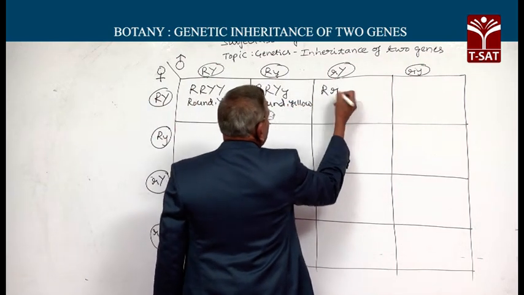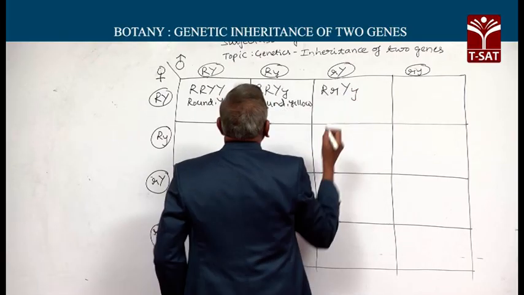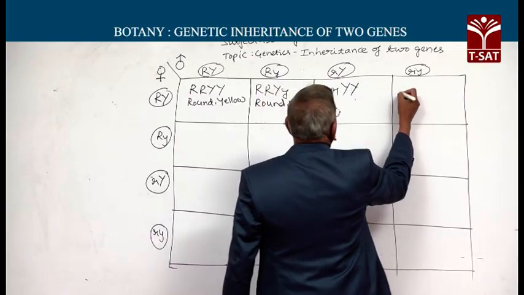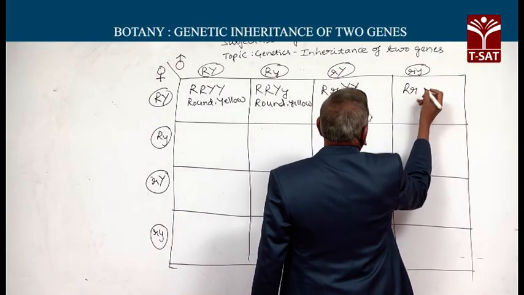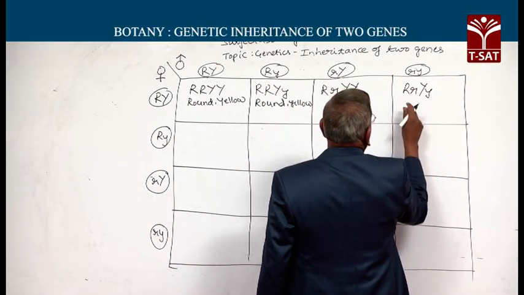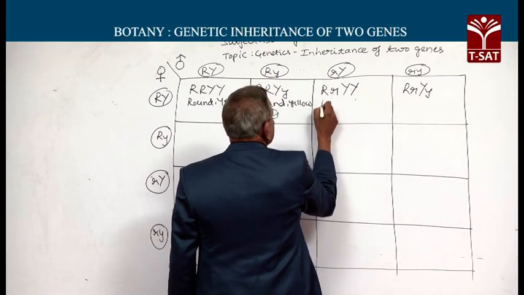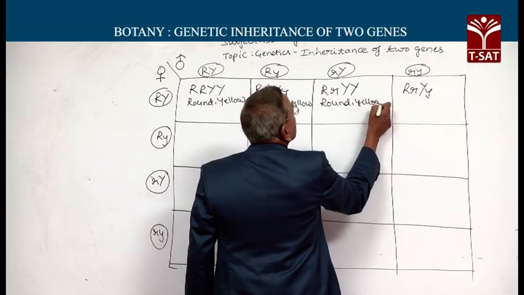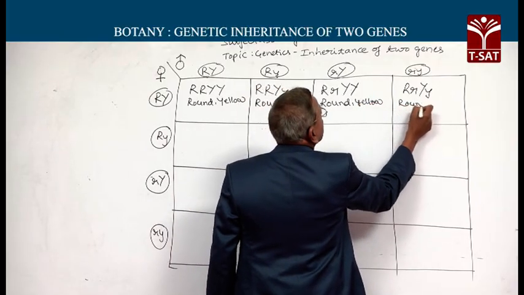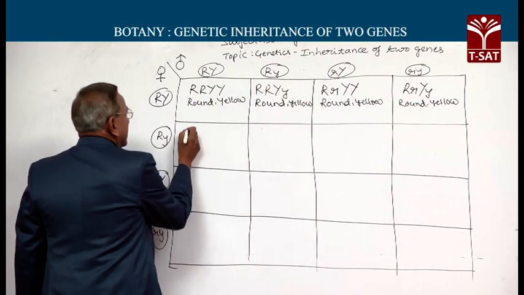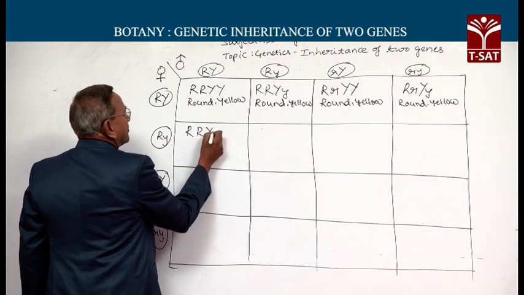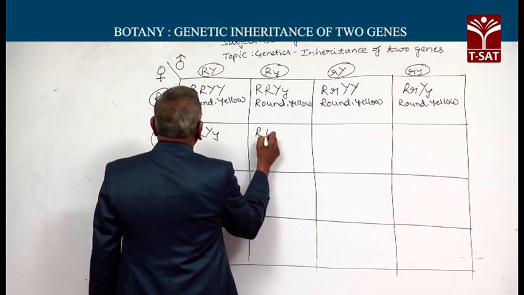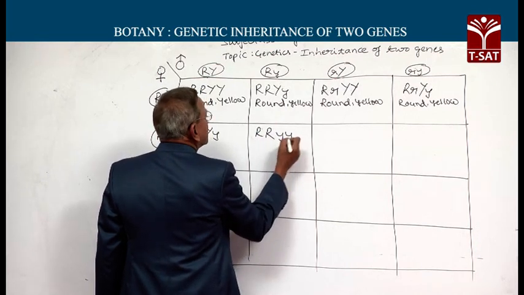This will be capital R, small r, capital Y, capital Y. This will be capital R, small r, capital Y, small y. This also is round and yellow. This will be capital R, capital R, capital Y, small y. This is also round and yellow. This will be capital R, capital R, small y, small y.